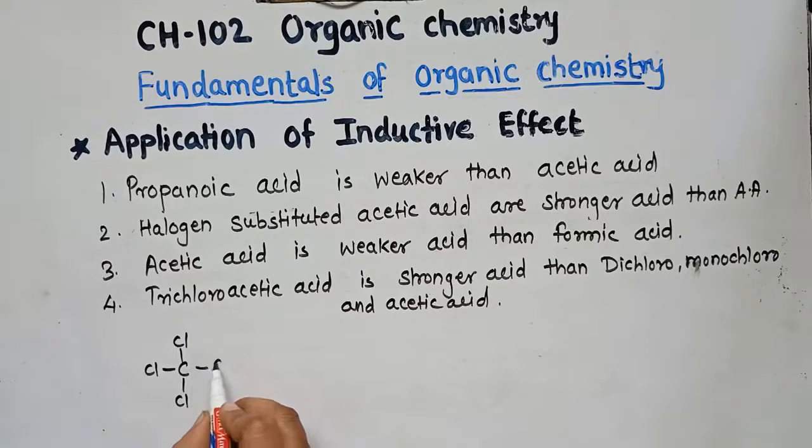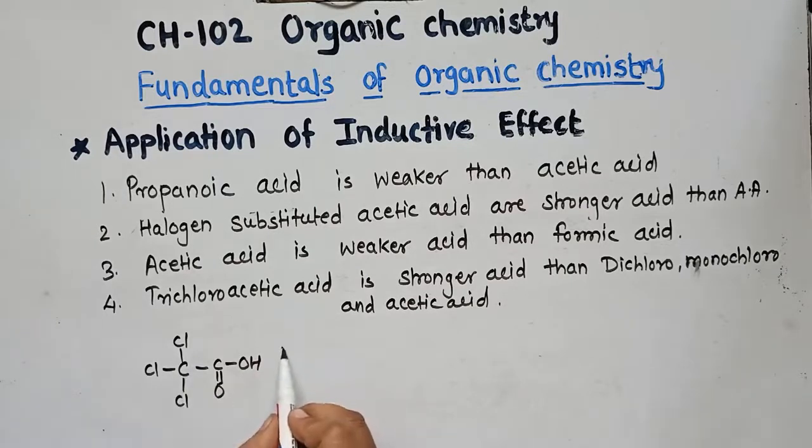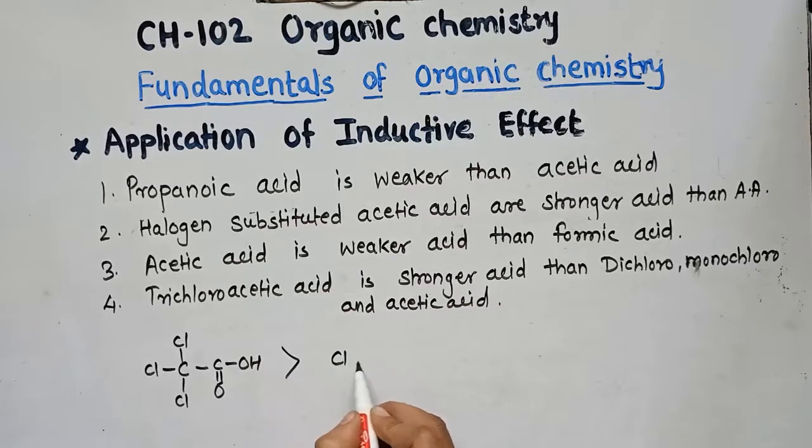So trichloro means this is the structure, with 3 chlorines attached to this carbon. Dichloro means 2 chlorines are attached.